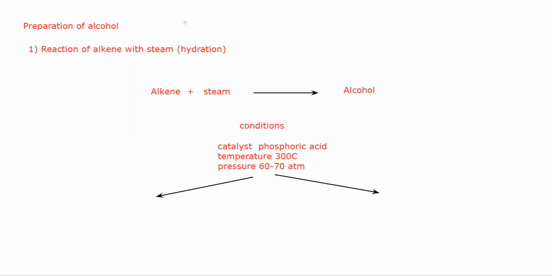In inorganic chemistry, you don't have to learn the conditions for all the reactions because there are a lot of reactions. But in organic chemistry, you should memorize these reaction conditions as well. So when we use this method to prepare alcohol, there are some advantages.